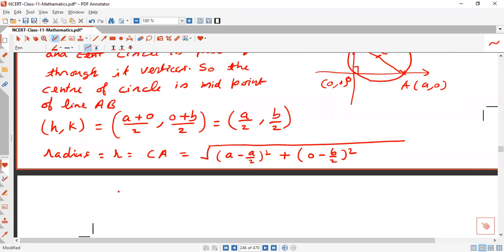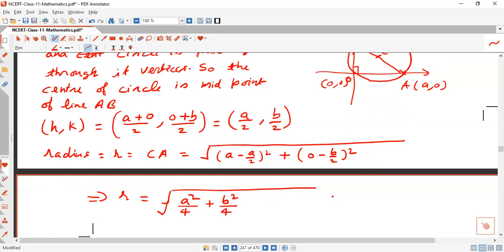Solving this, we get a square by 4 plus b square by 4, which is 1 by 4 times (a square plus b square), written as under root of (a square plus b square) by 2. This is r, not r square.